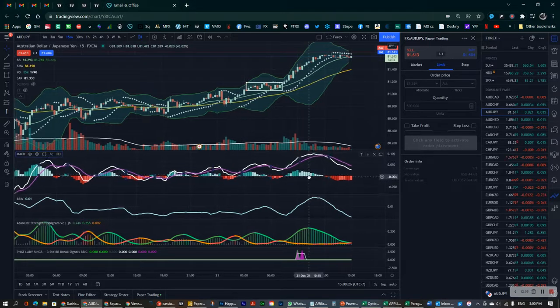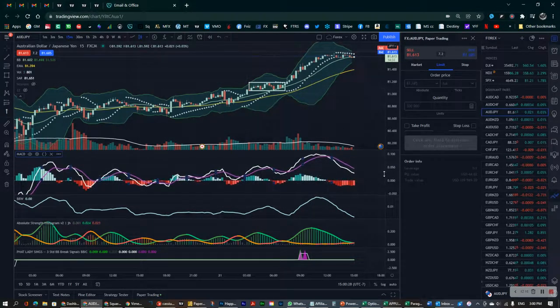Let me spread it apart a little bit so you can see it a little better. So the trend's going well, getting further apart, and it starts to converge. And it even, like I said, can even come down and touch the baseline. That doesn't mean the trend's over.